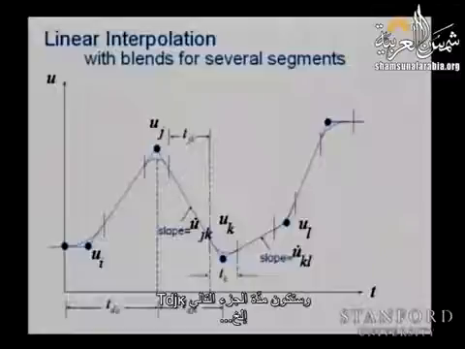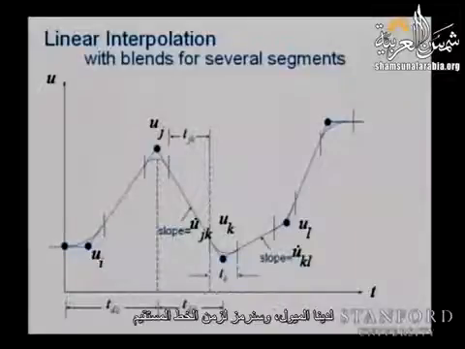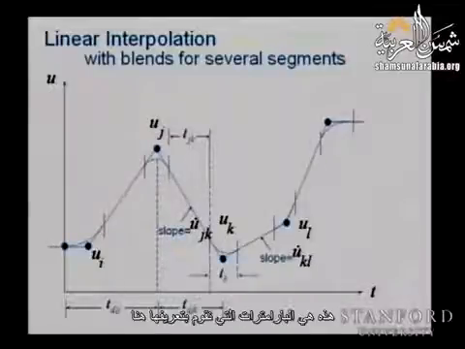And then the duration of the next segment is t sub djk, etc. Then we have the duration of the actual blends, which will be denoted as t sub k for each blend. We have the slopes, and then the duration of the straight line segments will be denoted with t sub jk, which is the straight line between position j and position k. Okay? So these are the parameters that we are introducing here.